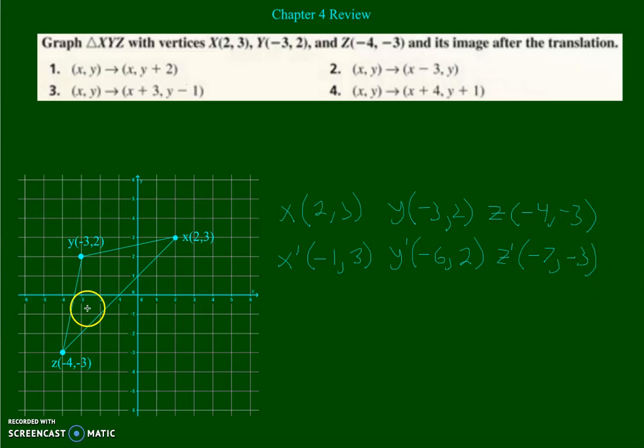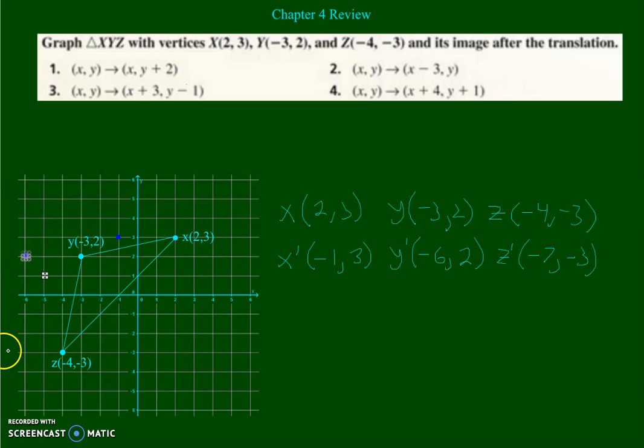So again, let's go ahead and plot these points. And we have (-1, 3). So (-1, 3) is that point. Then we have (-6, 2). And (-7, -3).